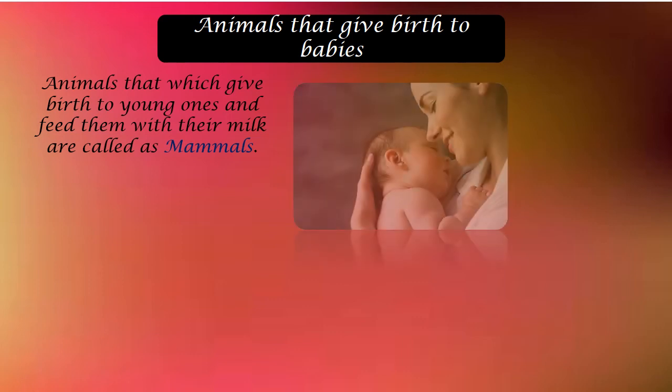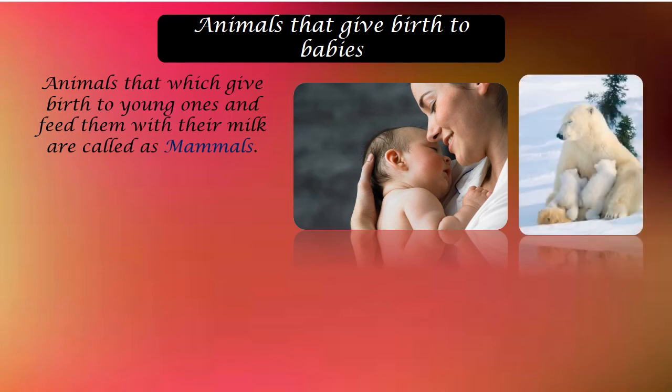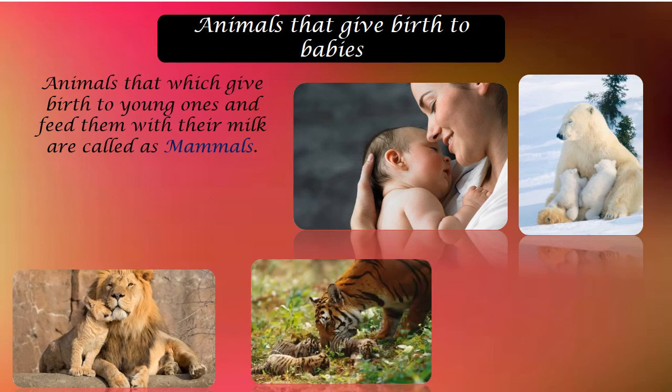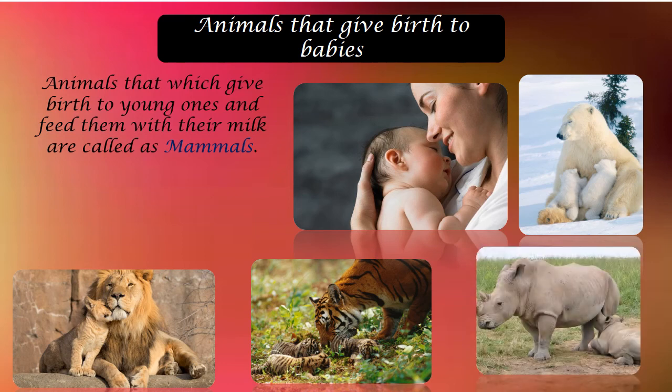Okay. So here I have included some pictures as examples. The first example I have given is the human being. We human beings give birth to young ones and they feed on mother's milk. And then see this, it is a polar bear. These are all in the mammals category where they give birth and then take care of their young ones. Lion with its cub, tiger. And here see it's a rhino.